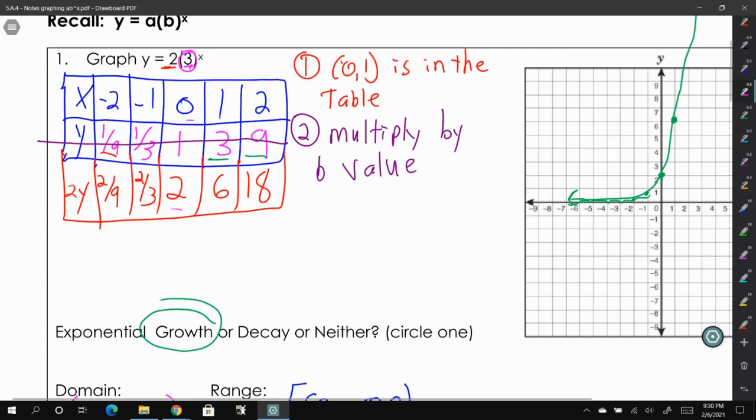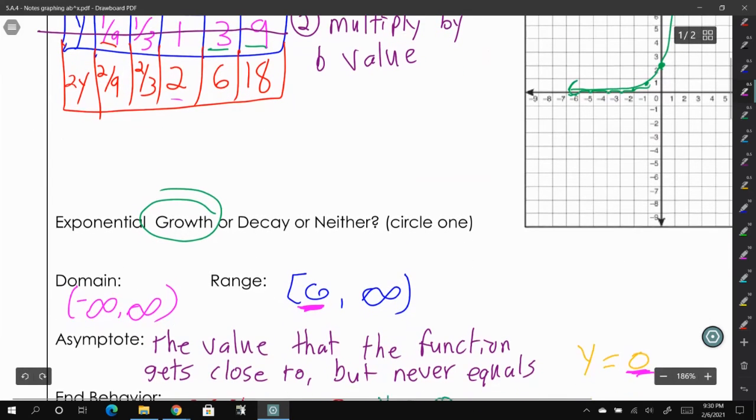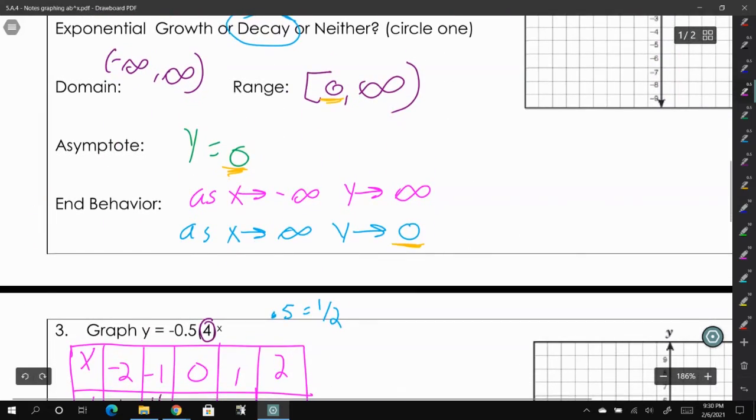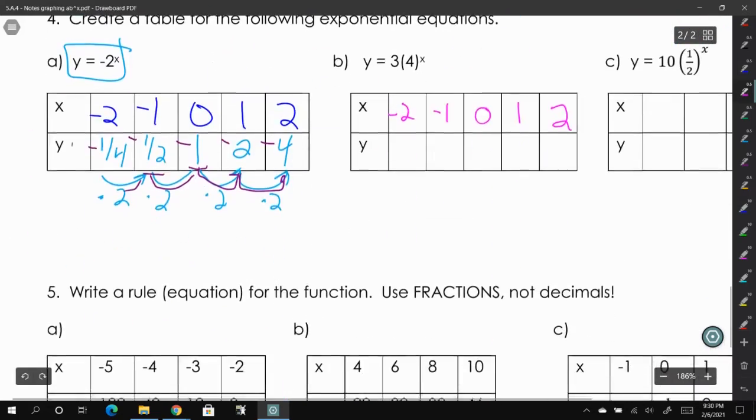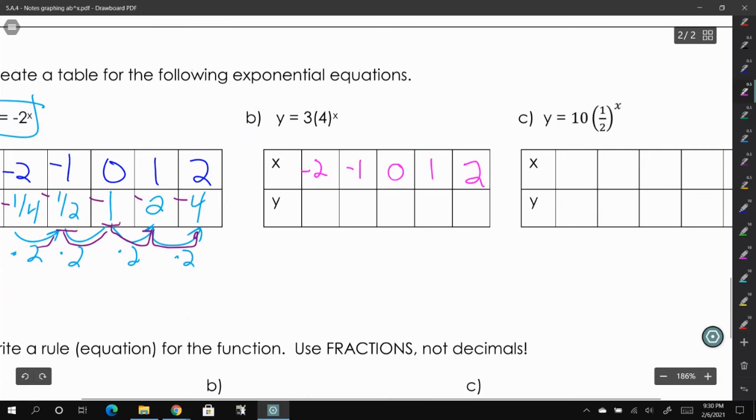So then you might say, well, why didn't we just do that in the first place? I found that it is easier to have that middle row first and then build that second one, that third row, and graph that when you're asked to graph. But when we're just asked to make a table, you know that we can always just plug in our values.